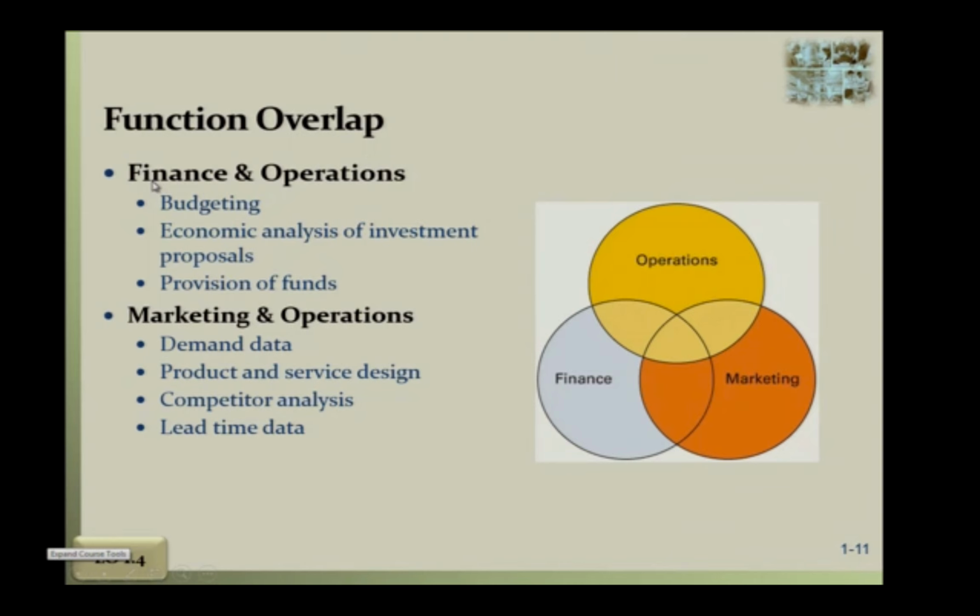In regard to finance and operations, well, you see the budgeting. You have to budget the expenses, the cost that goes into the operations. Economic analysis of different investments, proposals for, let's say, new facilities, new machinery, new sites, relocating to some other country. All of that requires investment.